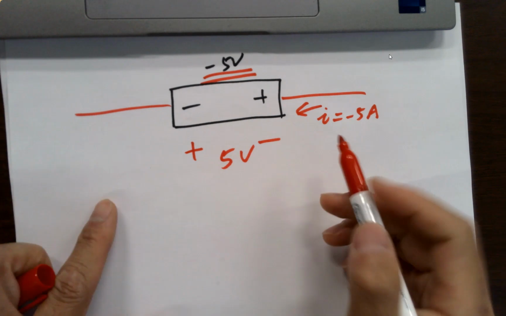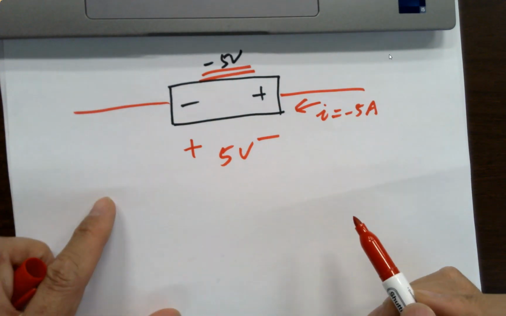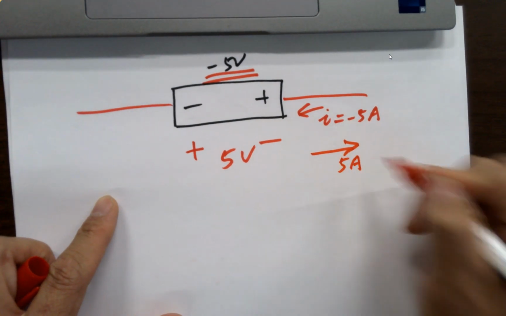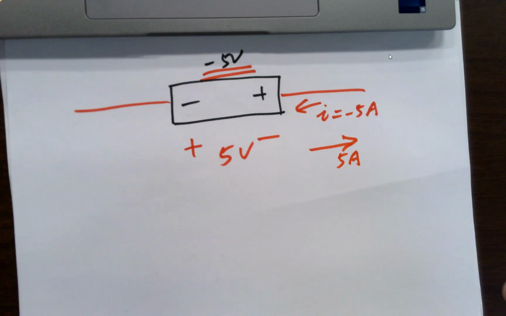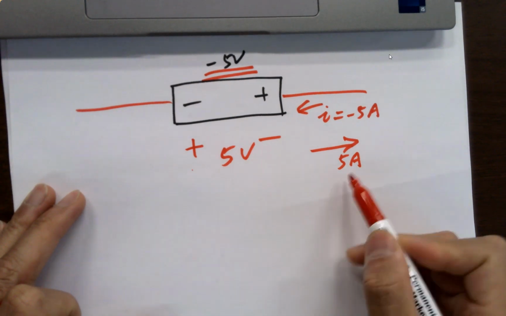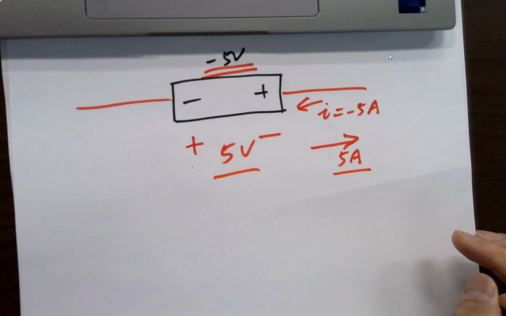So what's the real current direction and amplitude? 5 amps. So for this component, it doesn't matter if it's a battery, a resistor, a current source, or anything. There's just one physical voltage drop and one physical current flow. It's going to be left to right, 5 volts, left to right, 5 amps. So now you can analyze.